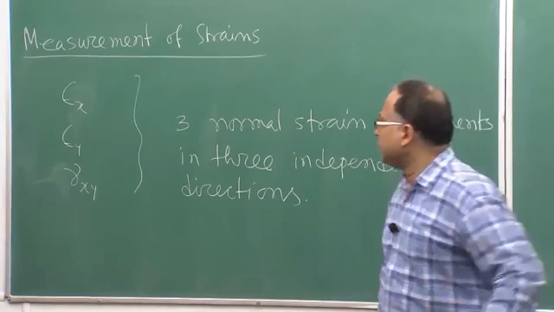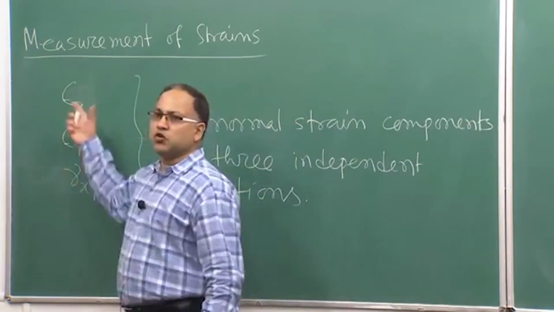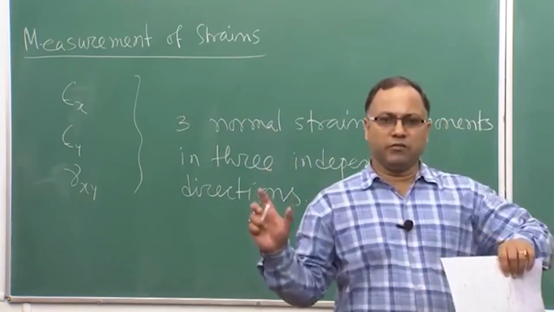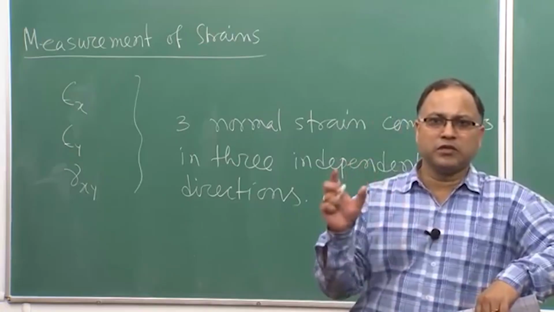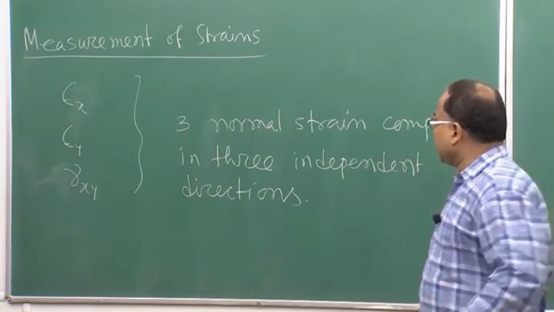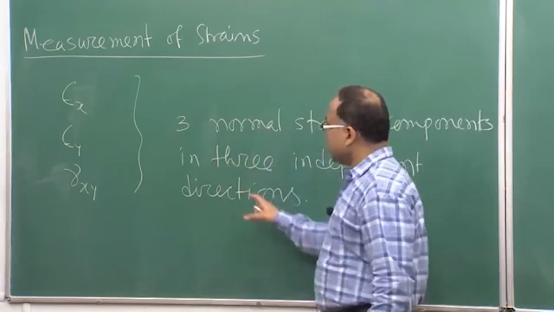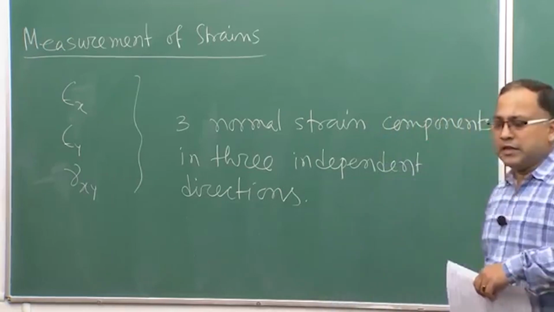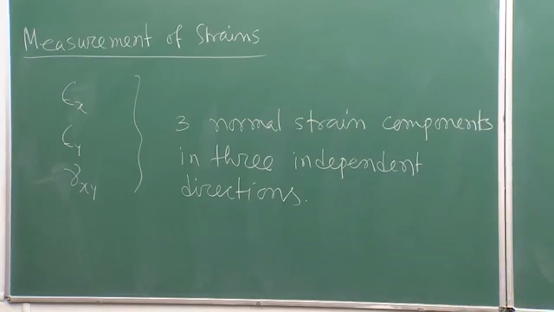Once you know these values, the rest is known to you: if you rotate to any coordinate system, you already know how to find the strain components in an arbitrary coordinate system. Now we will see how we can arrange this.